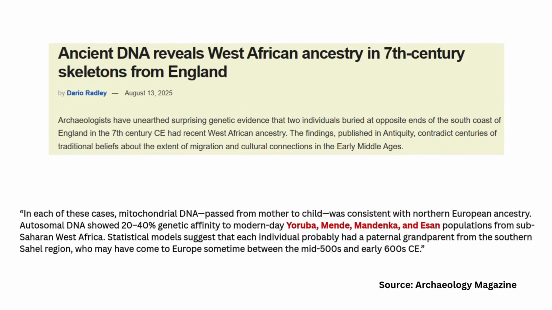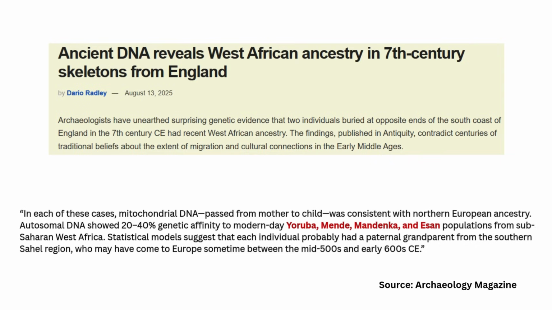This example here is from Archaeology magazine, and they're making reference to ancient DNA found that they date back to the 7th century in England. And what the article points out is that they did some DNA testing and found that the autosomal DNA showed 20 to 40% affinity to modern Yoruba, Mendi, Mandenka, Isan.